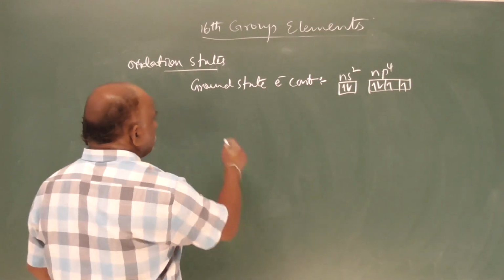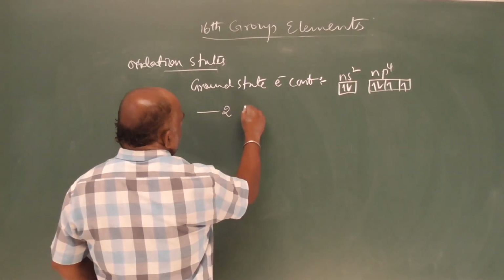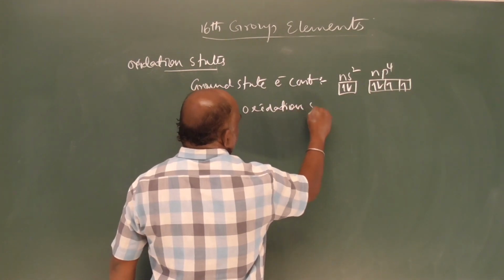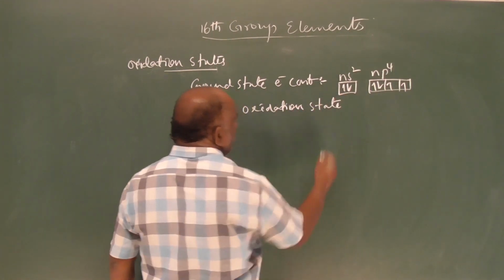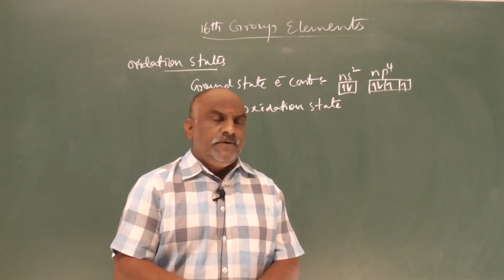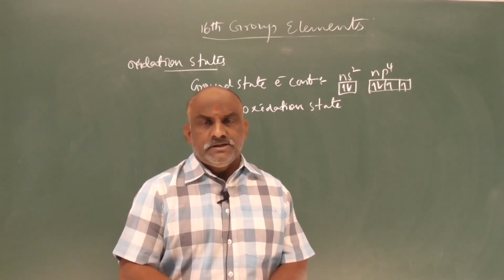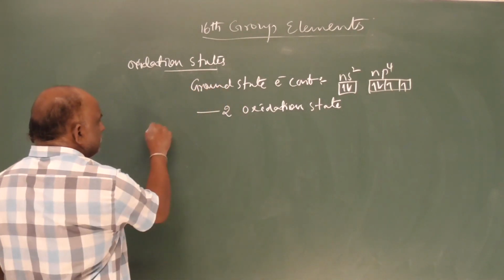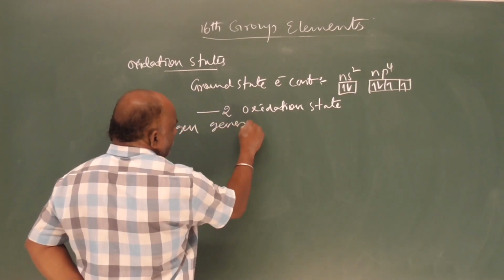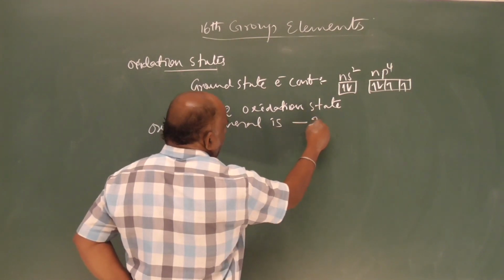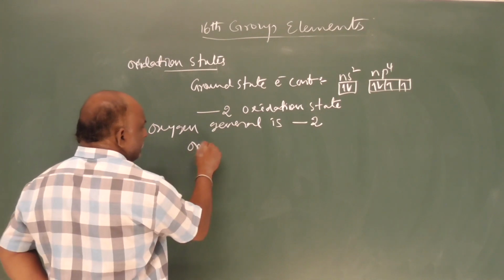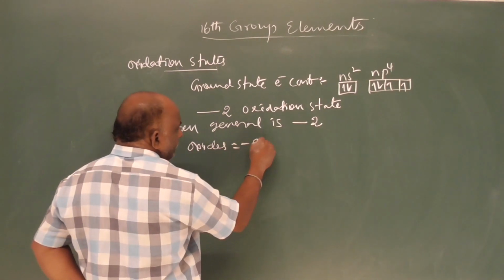So generally these group elements show a -2 oxidation state. Oxygen generally exhibits a -2 oxidation state. So remember, oxygen in oxides is generally -2.